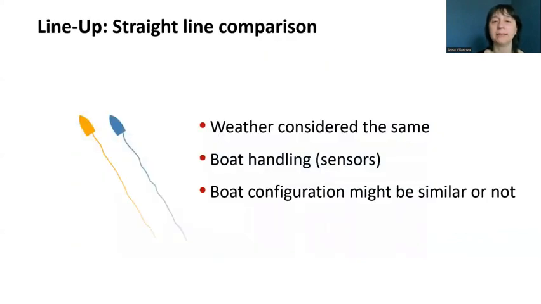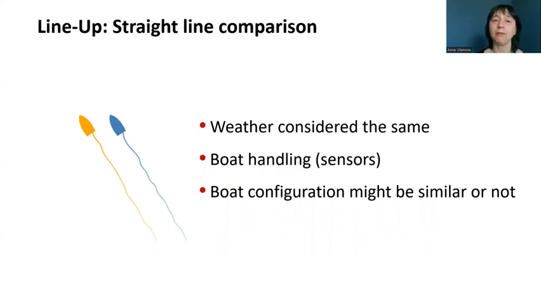The idea of these lineup trainings is that, by having two boats just moving in a straight line, you are keeping constant some of these complex factors that influence the performance. One of them is the weather, which you assume is more or less the same for both boats, also the currents and the wind.